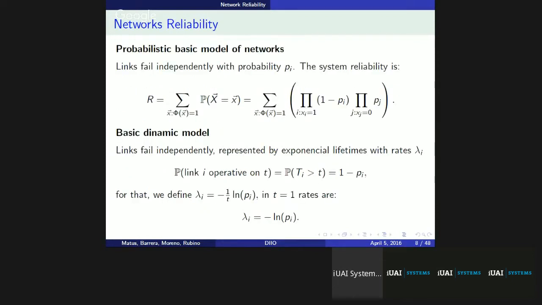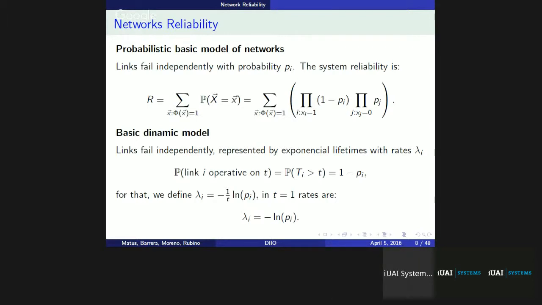Now, how can we estimate or calculate the reliability? The first is to use the basic model of probability. We take the paths for which the network is operative, and we estimate the reliability using that. That is the classical way to solve the problem. And we can change that and use a continuous model to represent it. We assign to each component an exponential variable that represents the lifetime of the component.